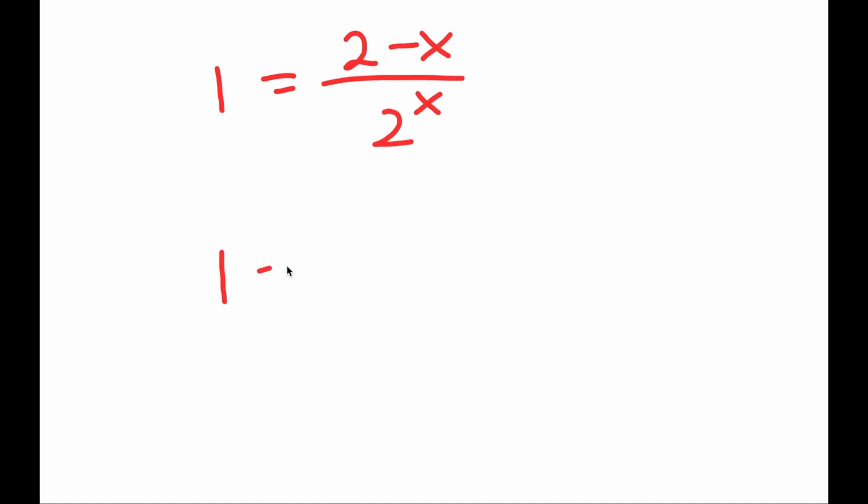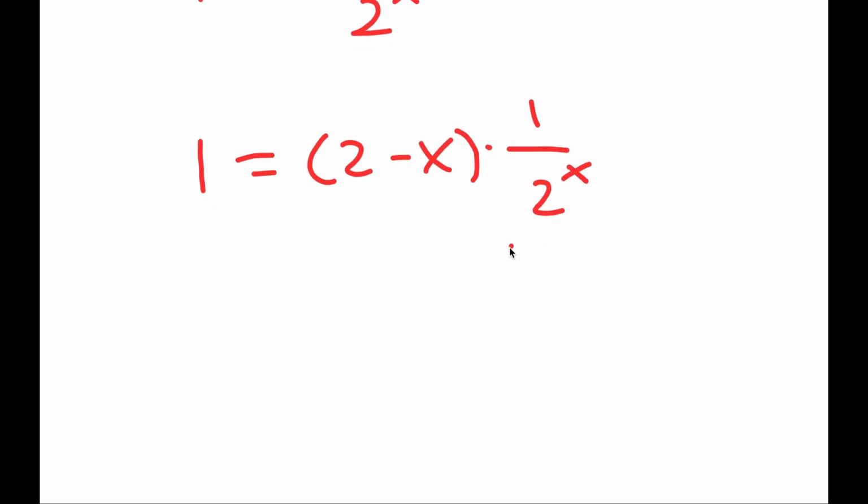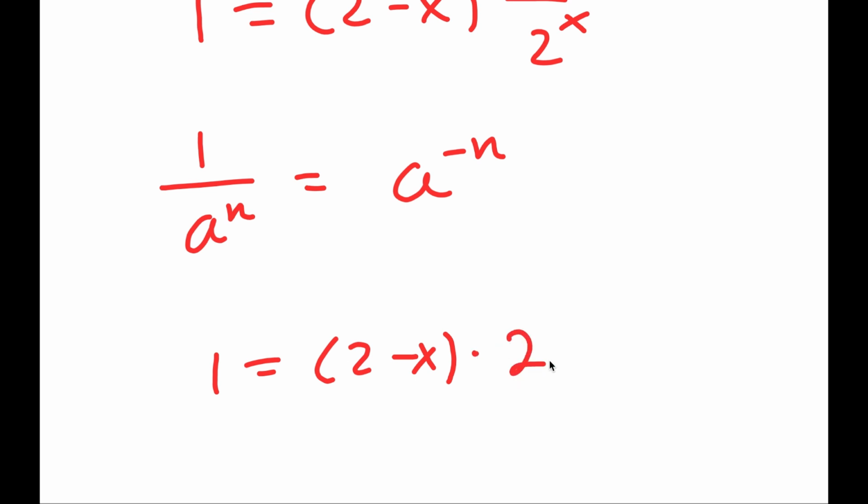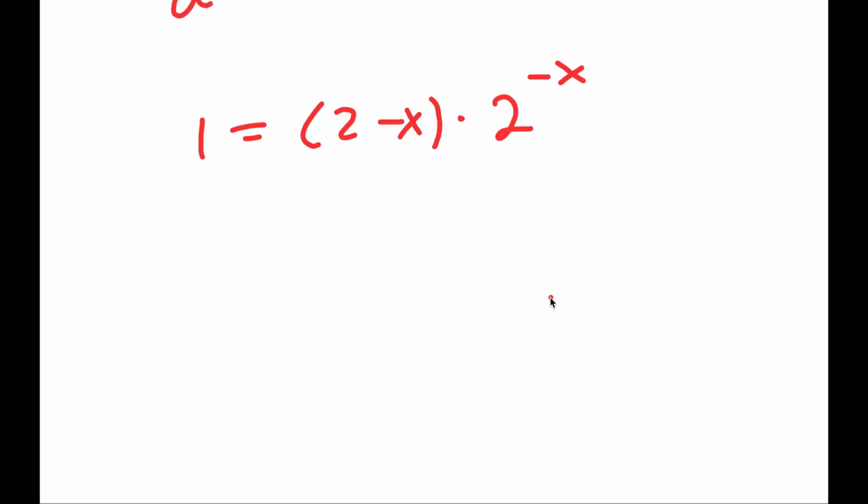Now, this is the same thing as 2 minus x times 1 over 2 to the power of x. And if I have something in the form 1 over a to the power of n, this is equal to a to the power of negative n. So I get 2 minus x times 2 to the power of negative x.